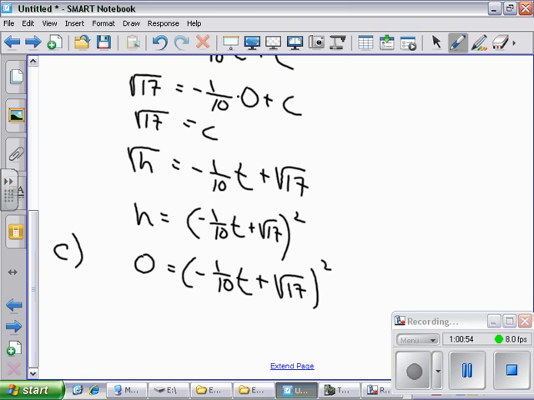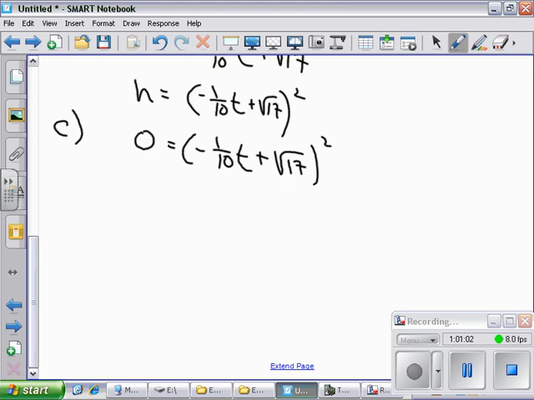Now this is a no calculator question. You can square root 0. Square root of 0 is 0. So that would be the first thing to do, get rid of that squared, because it'd be plus or minus the square root of 0, but it's still 0, right? 0 equals negative 1/10 t plus the square root of 17. You subtract the square root of 17, equals negative 1/10 t.